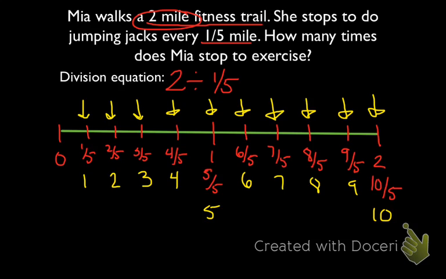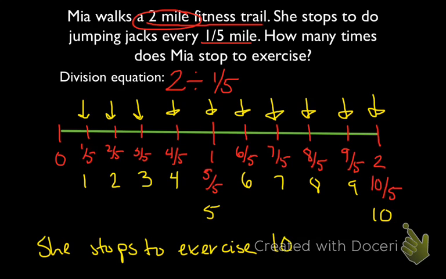So how many times does Mia stop to exercise? Well, she stops to exercise 10 times. So if we were to take 2 miles and divide that by 1/5 of a mile, we would get 10. We would get 10 equal segments.